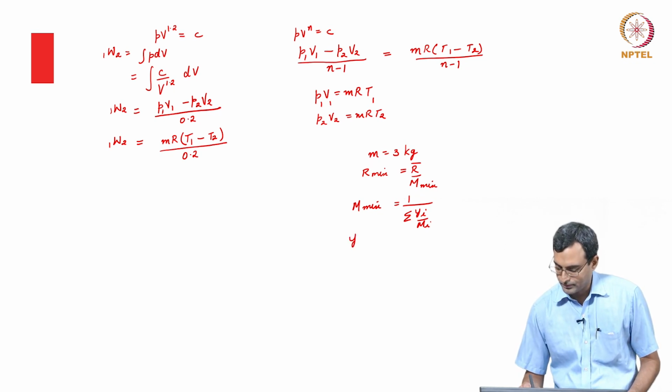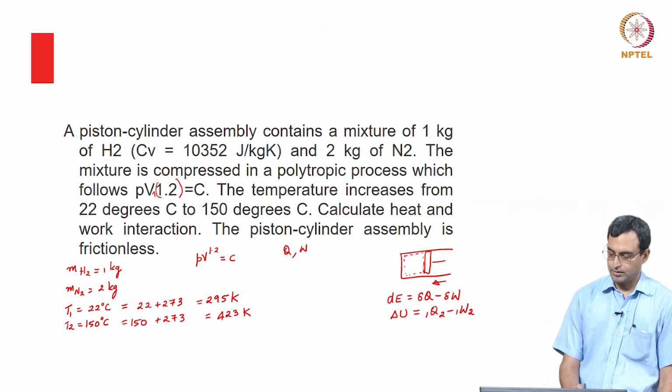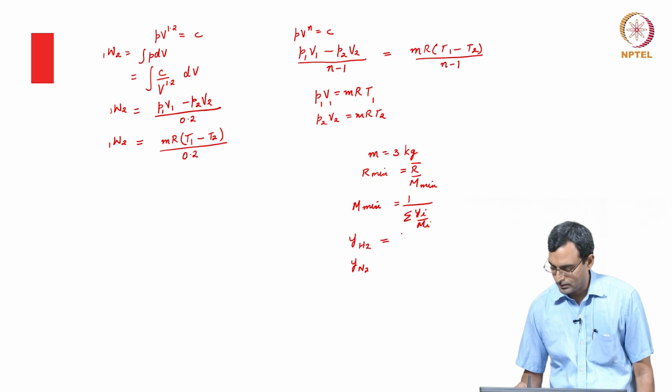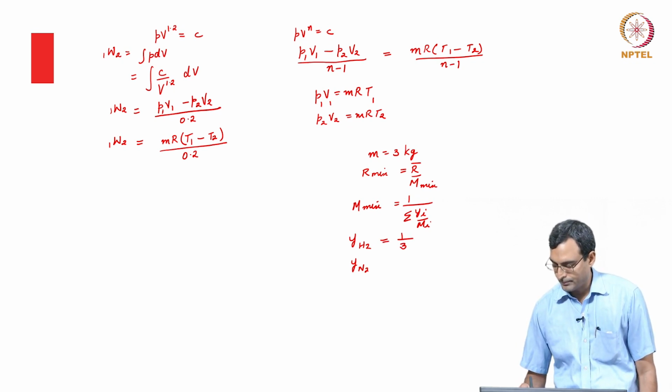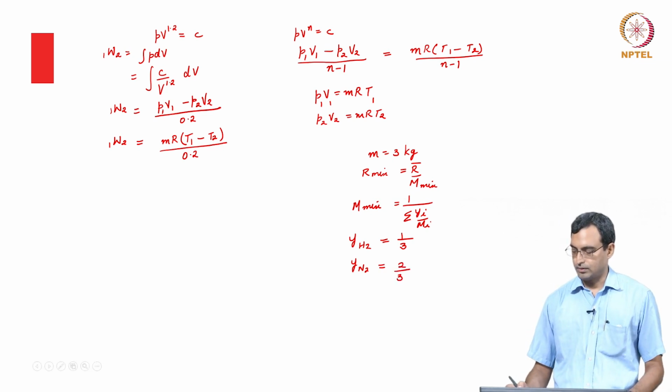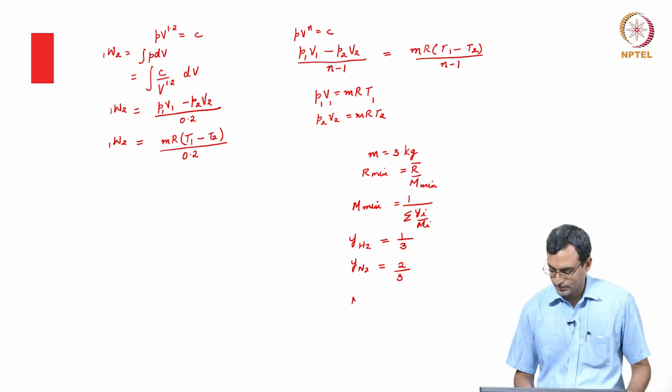So, I have in this case hydrogen, and I have nitrogen. So, I have 1 kg of hydrogen, 2 kg of nitrogen. So, this is 1 kg divided by the total, which is 1 plus 2, and this is 2 kg divided by the total, which is 2 by 3. And so, I have the molecular weight of the mixture.